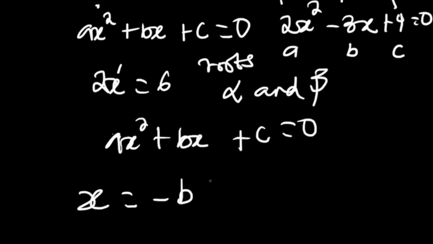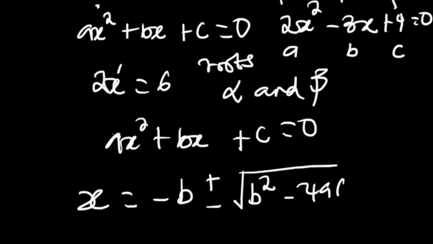Negative b plus or minus the square root of b squared minus 4ac all over 2a. When we solve for x in this general form, we're going to arrive at this very solution, which is x is equal to negative b plus or minus the square root of b squared minus 4ac all over 2a. And this implies that we have two solutions.